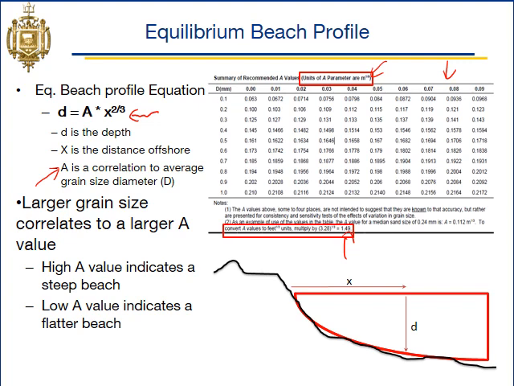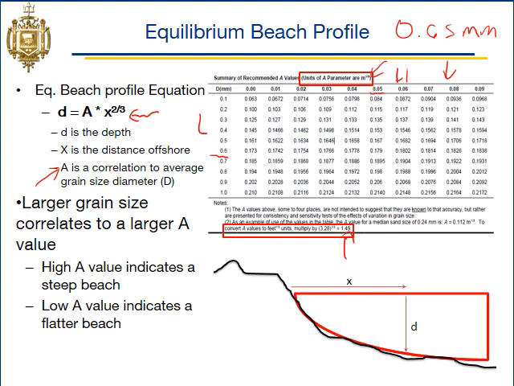All right, so how do you read this chart? You'll be given a grain size diameter in millimeters. On the left here is our tenths place, and on the top is the hundredths place of our grain size diameter. So if we had a grain size diameter of, let's say, 0.65 millimeters, we'll go on the left to 0.6, that's our tenths place, and then we'll go over until we find the 0.05.